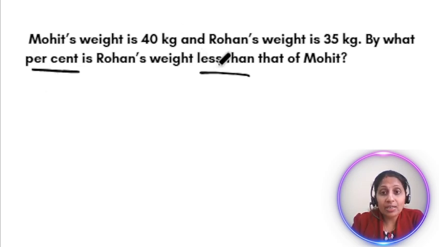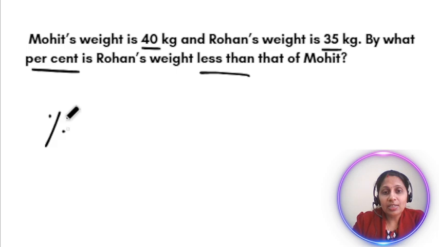No, they are comparing between the two things: how much more now or how much less now? So we have to find the percentage change here. We already know Mohit's weight is 40, Rohan's is 35. Rohan is lesser than Mohit, so they are asking for the percentage decrease here.